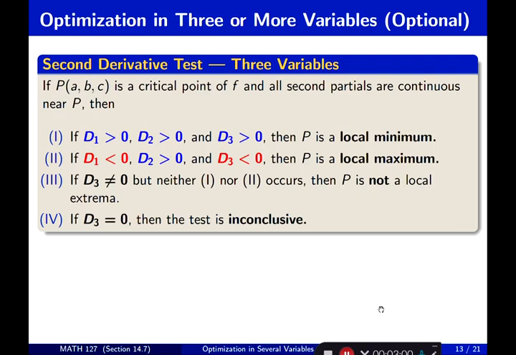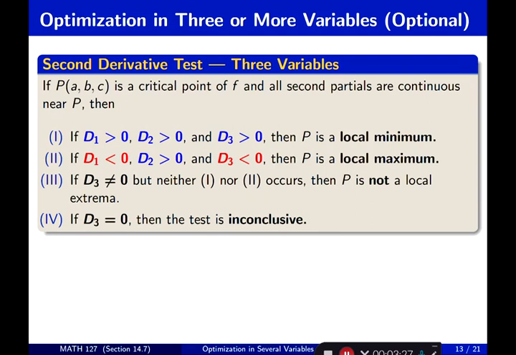Now let's see, how do we use D1, D2, and D3? If P of (a, b, c) is a critical point of f and all second partials are continuous near P, then: if D1 is bigger than 0, D2 is bigger than 0, and D3 is bigger than 0, then P is a local minimum.